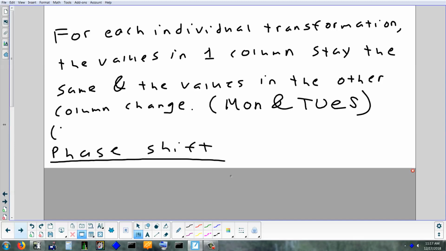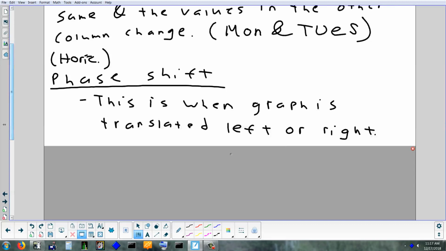So, phase is just a fancy word for horizontal. When they talk about trig functions, every transformation except vertical shift has a special name. You can call it a horizontal shift, but when you deal with trig, they call it a phase shift. That's what they call it. So it's just when the graph is moved left or right. You could say shifted or translated left or right.